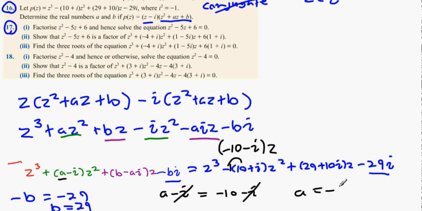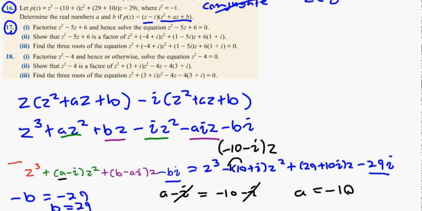So b equals 29 and a equals minus 10. Okay, that's actually the quickest way to do it, is to just create the factor and multiply it in. You could also do it via long division, but it'd be quite a difficult ask to get that completely correct.